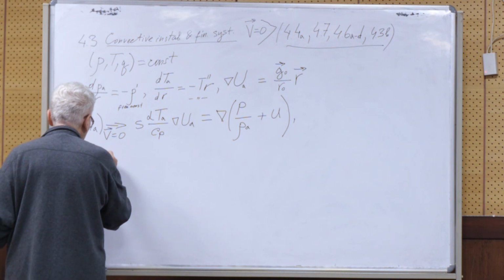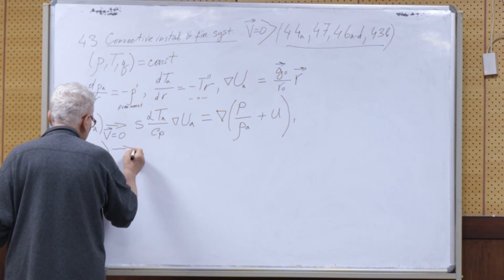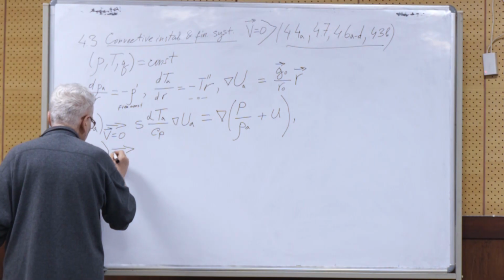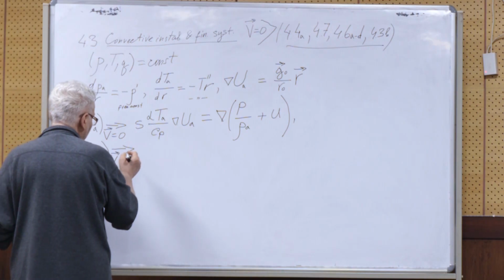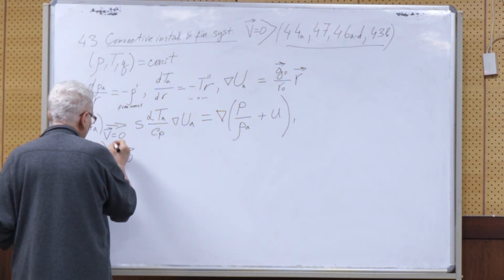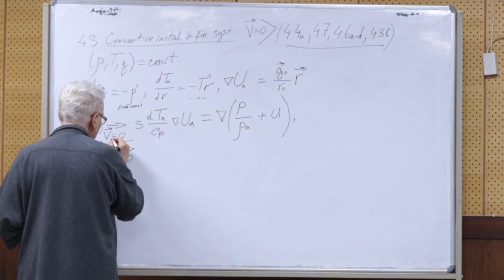Okay, we start from A, 4 7 8, under the condition that the velocity is naught, and there is no dependence on time. I just wrote it like that.